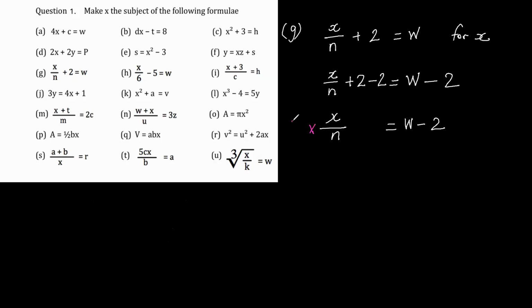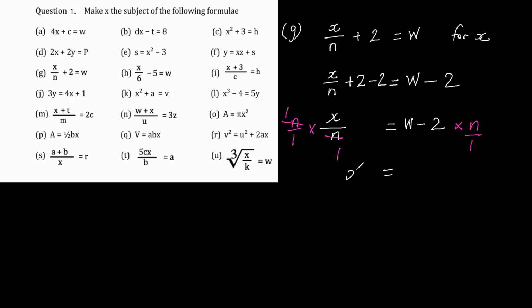So I'm multiplying by n over 1. Whatever I do on one side, I also have to do on the other. Josiah, look at the left-hand side: n into n, n into n. So I'm left with x, people.